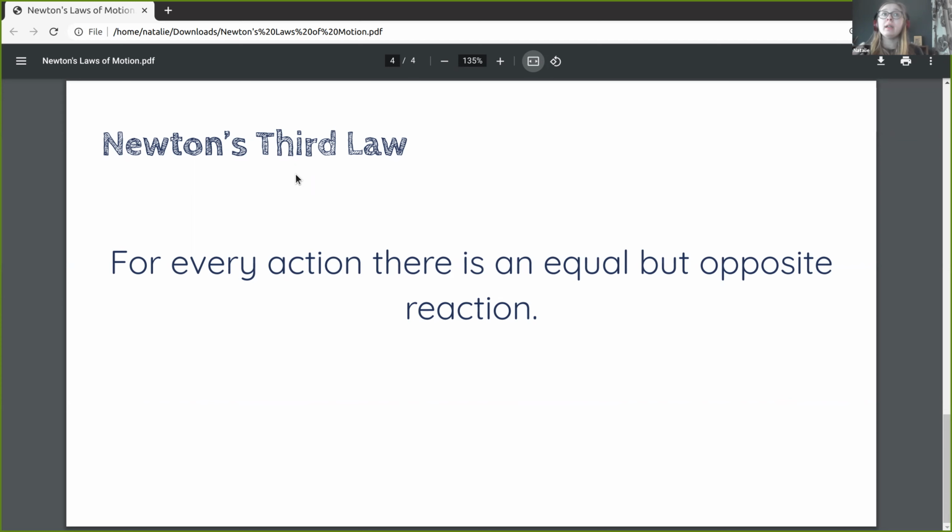So as I exert a force on something, that object is also going to exert a force back on me. A classic example of this is if I'm standing on the ground, I am pushing down on the ground and the ground is pushing back up on me. And so we would call those a Newton's third law pair.